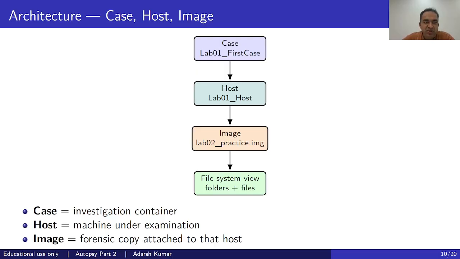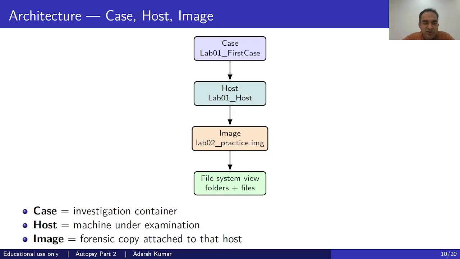Now coming to the overall picture, we covered part 1 and part 2, or experiment 1 and experiment 2. This lecture slide connects the ideas from experiment 1 as well as experiment 2. The case is the investigation container, for example lab 01 first case. Under the case sits the host, for example lab 01 underscore host, meaning the machine under examination.